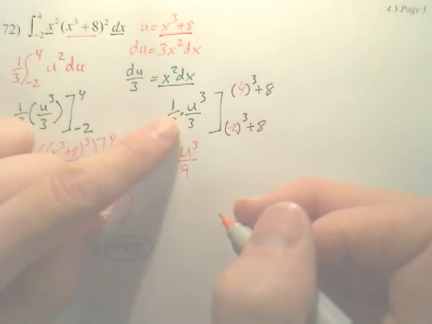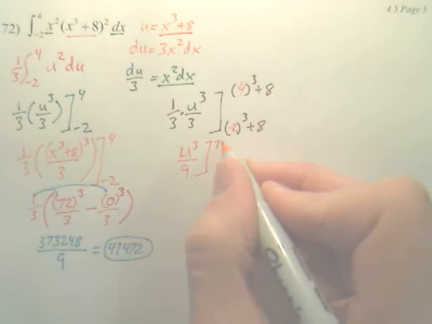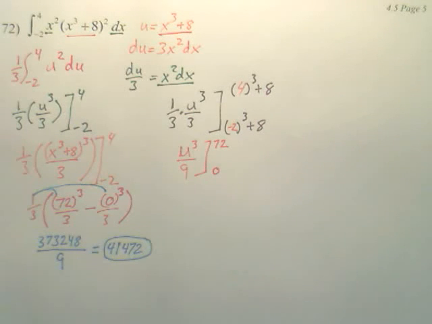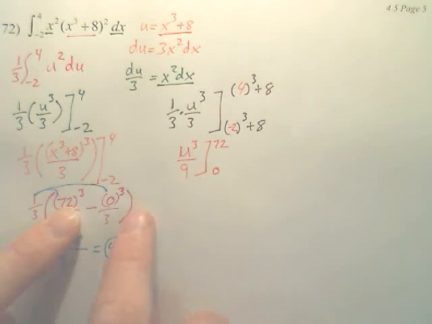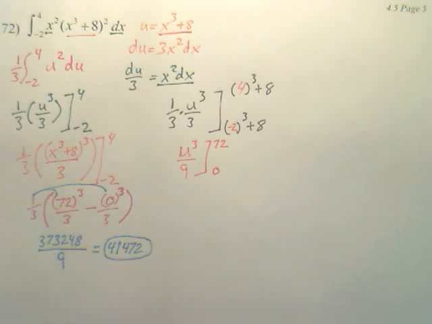Is that okay? And my interval is from 0 to 72. Aren't these just the numbers we plugged in here? See that right there? 72 and 0? Aren't they right there? See how it kind of saves you some steps? I mean, depending on which route you want to go.